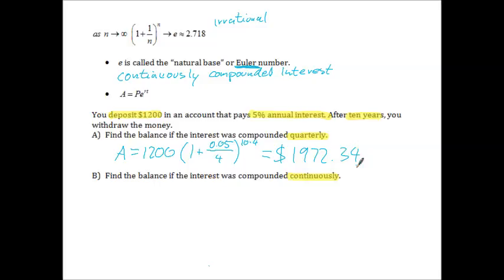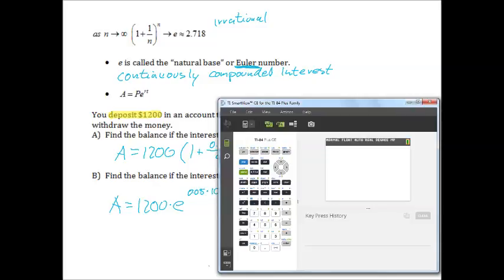And how much money do we get if it gets compounded continuously? So we're taking the other formula now. A is equal to the principal 1,200 times e, which is Euler's number, to the power of r, the rate 0.05 times 10. Okay, then 1,200 times.